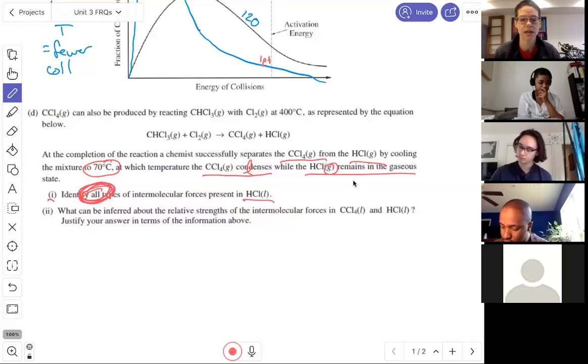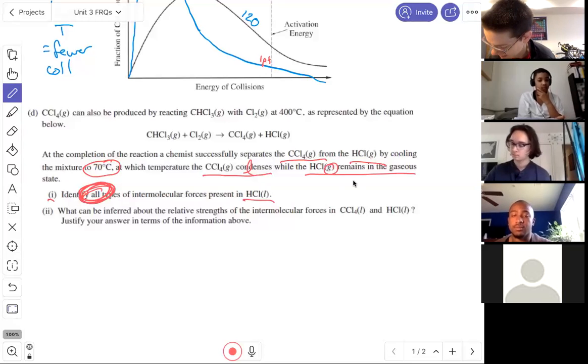How many different IMFs does HCl have? 2. What is the one that you're going to write for literally everything when they ask this question? London dispersion forces. All right, so everybody gets London dispersion forces.